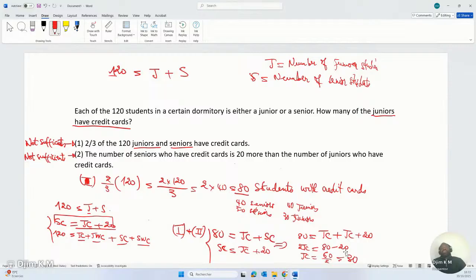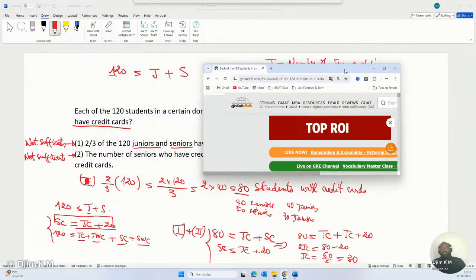So when we take both the two conditions, we can find what the question is asking here. How many juniors have credit cards? So the answer is answer C. Both conditions together are sufficient to provide us the answer that we are looking for.